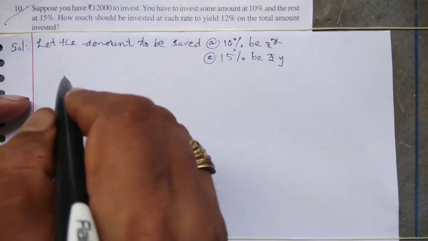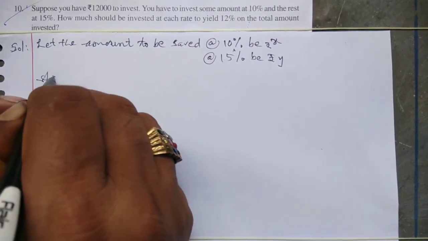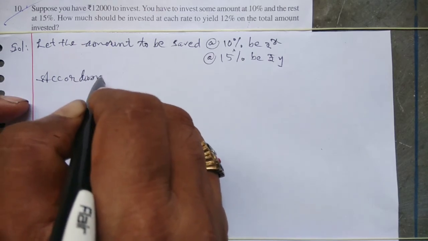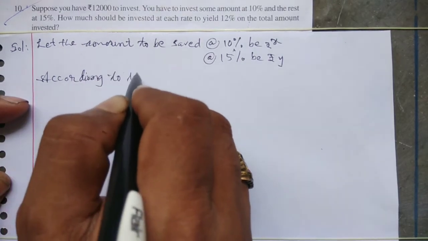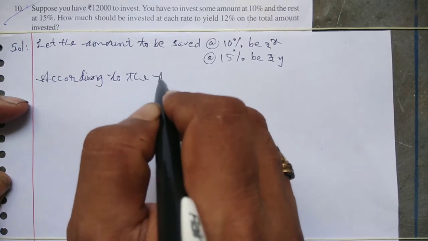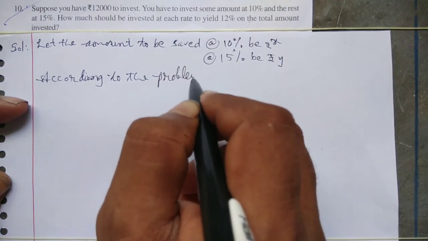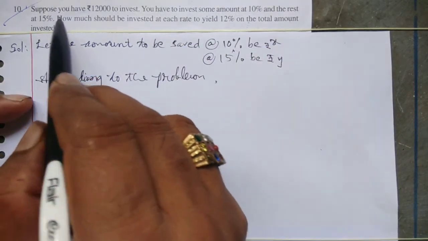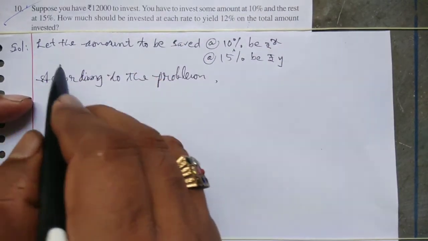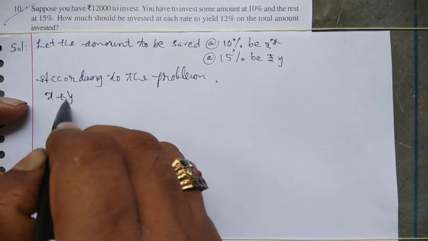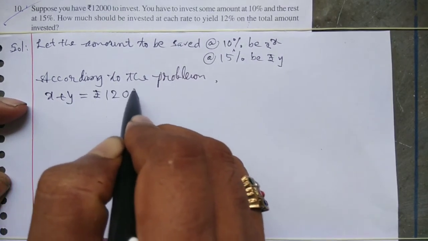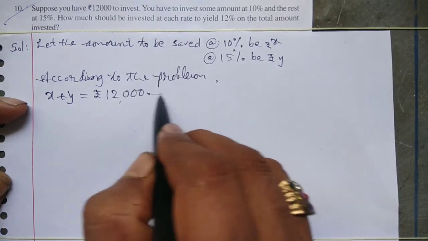According to the problem, x plus y is equal to 12,000 rupees. This is equation 1.